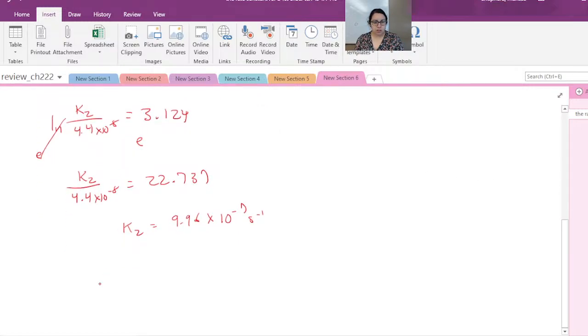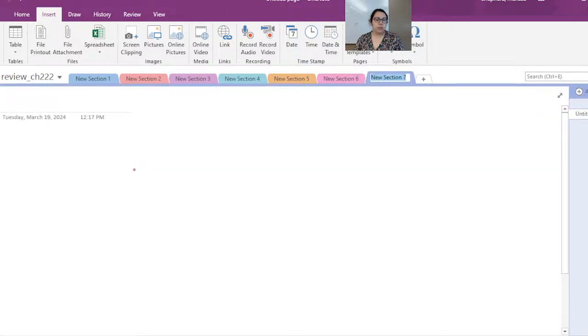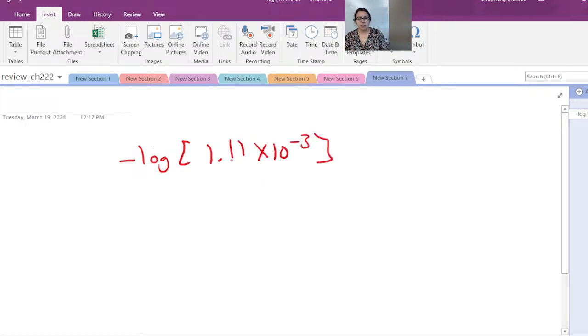Yeah, so the general rule: if we're taking the negative log, because generally it's for the pH, so let's just say 1.11 times 10 to the negative 3rd, I'm just throwing out a value. When you put in 3 sig figs, you just get out 1 more, is how to think about it.